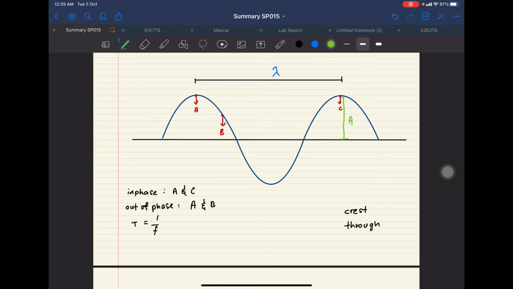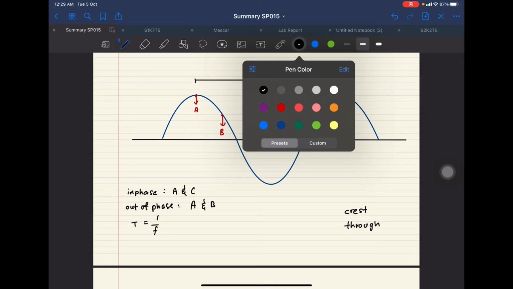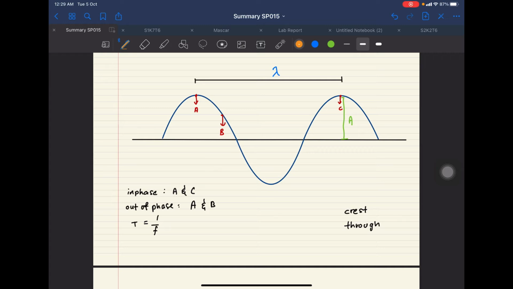Okay, so here you can say that the point where it has a maximum height, that one is a crest. So over here it's actually the crest, and the lowest part is what we call the trough.